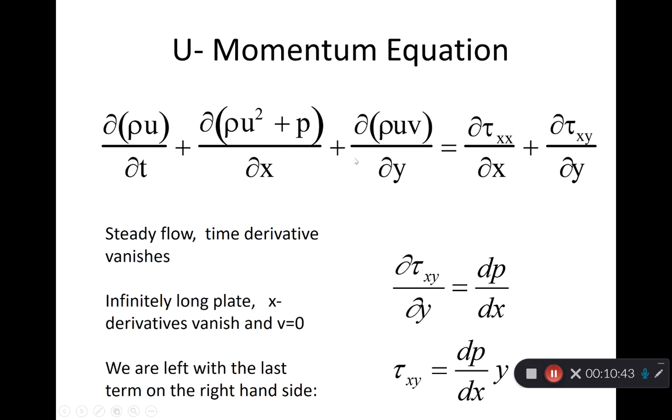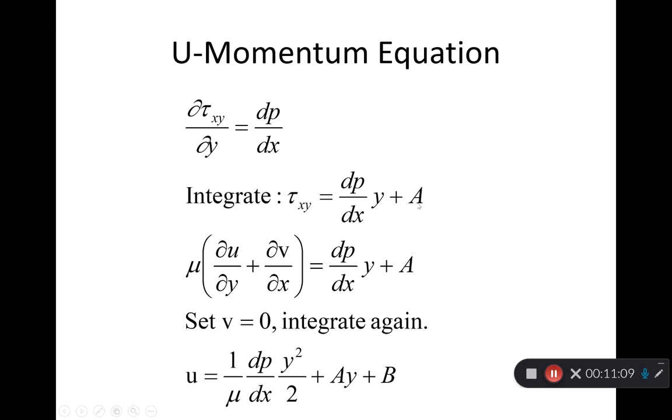Anyways, now we have dp dx on the left side, some pressure gradient. We have d tau xy dy. So we can integrate it in the x direction. Since this is not a function of x, when you integrate it, tau xy will become dp dx times y, possibly plus a constant.